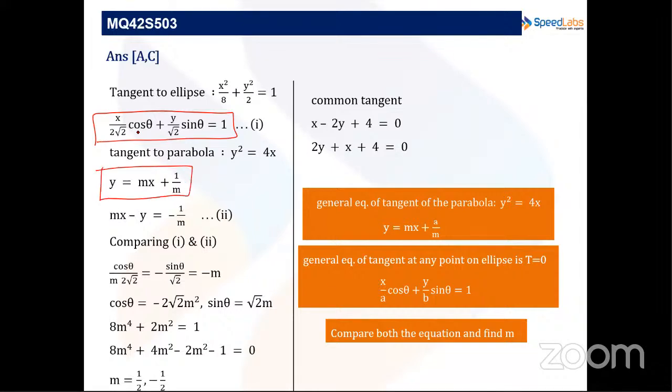Now, putting mx on that side, we get mx minus y equals minus 1 by m.